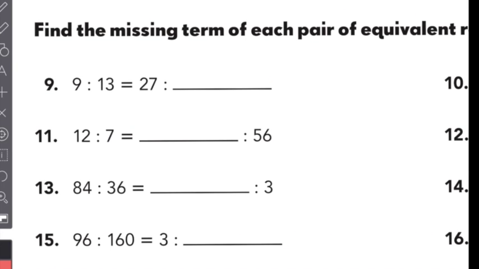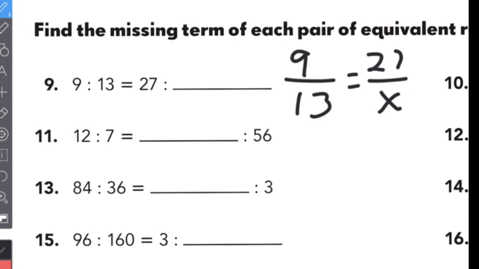Find the missing term. We did this the other day, so I think you should be okay. I would make them into fractions first, and you could either cross multiply, or look at how many times bigger or smaller the numerator is. For number 9 here, we could say 9 times what?